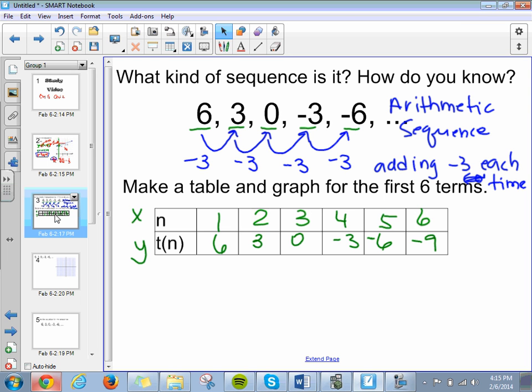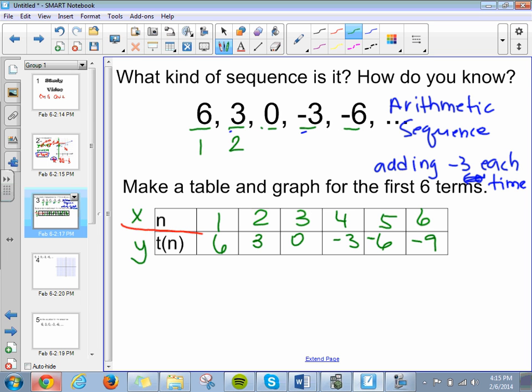So we'll take this information and we will plot it in our graph. Again, understanding that our nth term really just means what number is it in the sequence. So our first number is 6, our second number is 3, third is 0, fourth, fifth, and so on.